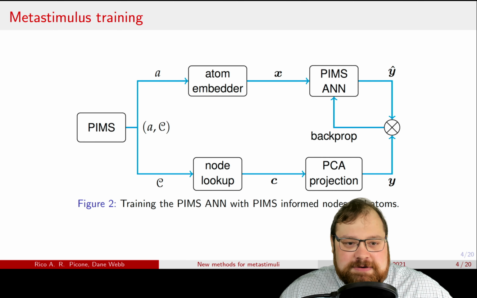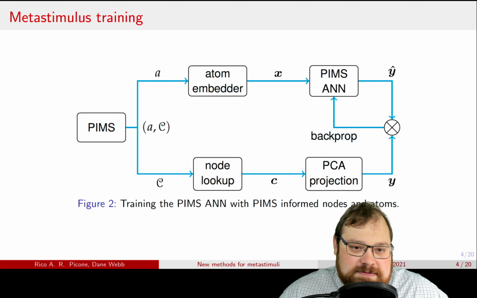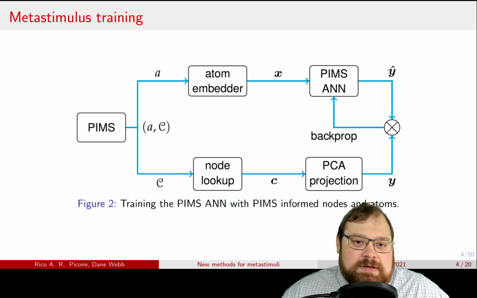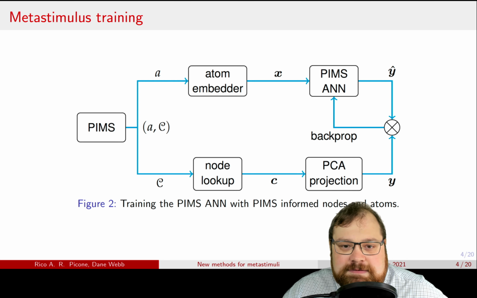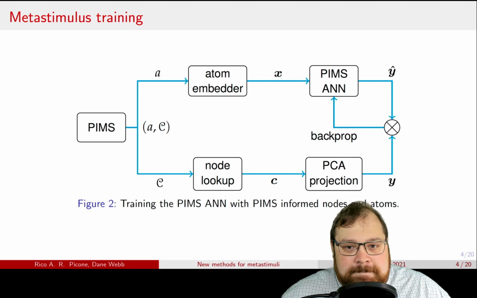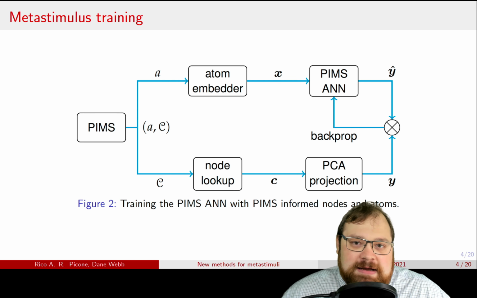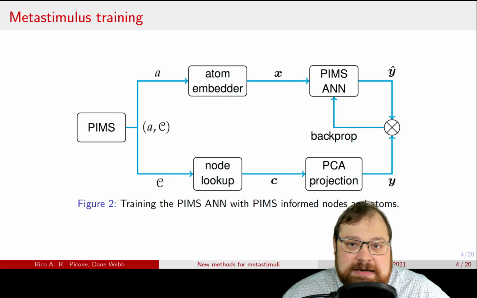In the metastimulus training, the PIMS output is an atom A and a set of categories large C. The atom A goes into the atom embedder to be embedded and outputs an embedding, or an atom embedding X. That is input into the PIMS ANN, or PIMS artificial neural network block.